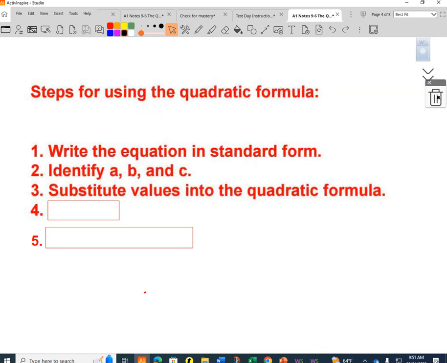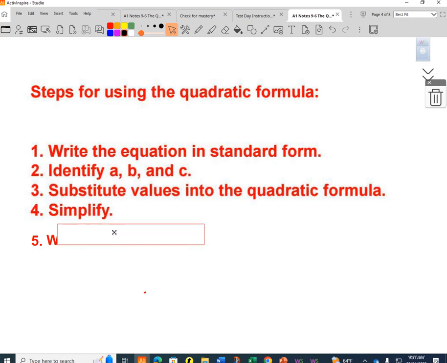The next thing we're going to do is substitute. That also means plug in, right? You substitute something, you plug in values into the quadratic formula. So you'll see the quadratic formula that I wrote on the board. There's numbers and the letters A, B, and C. So everywhere there's an A, you plug in what you identified A as. Everywhere there's a B, you plug in the value that you said the B was. Same with C. Next thing we're going to do is simplify. And then we're going to write our answer in set notation, or that just means set squiggly brackets.